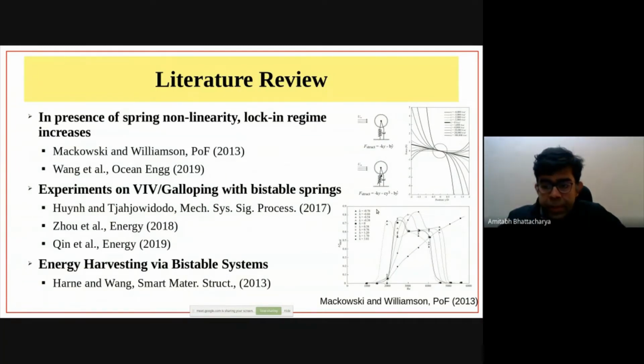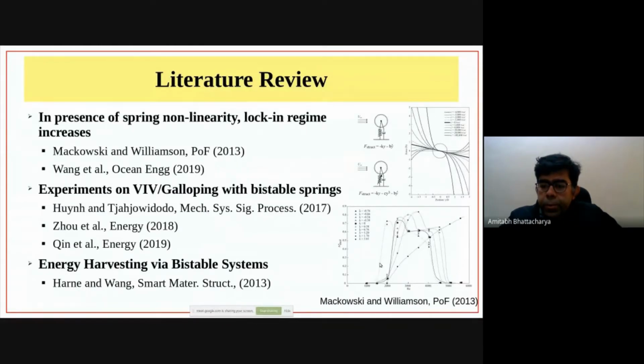But what was seen was that when your spring becomes nonlinear, this lambda value controls the nonlinearity coefficient with respect to the linear coefficient. Then you can start to get large amplitude oscillations over a much larger range of Reynolds number.